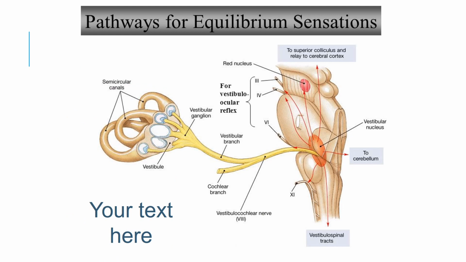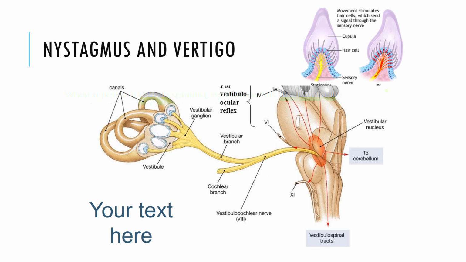So with the pathway for equilibrium, the vestibular cochlear nerve is going to synapse in the vestibular nuclei of the medulla and then into the cerebellum. The medulla is going to send neurons to the ocular motor area of the brainstem, and it's going to also control eye movement, and down the spinal cord to help adjust body movements in terms of the location of the head.